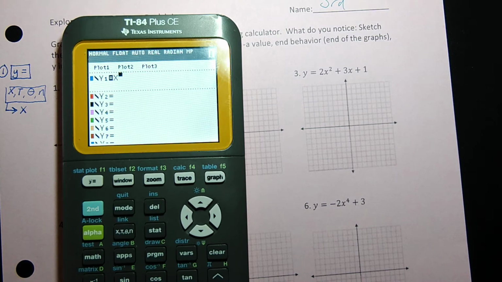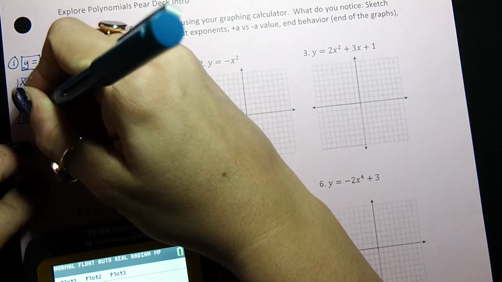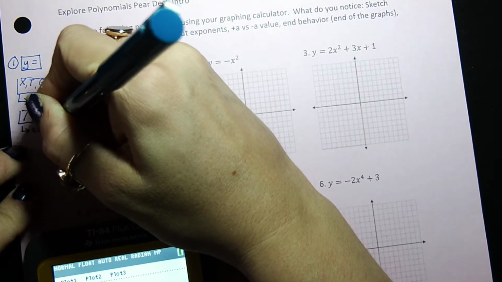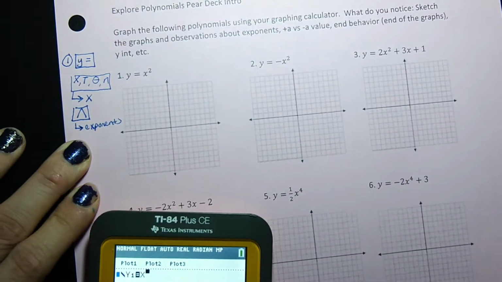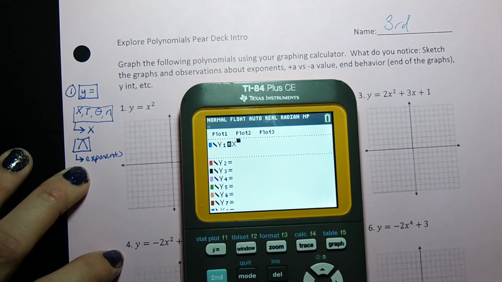So mountain button for exponents, and that is right above the division sign.